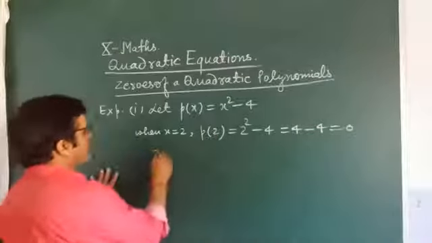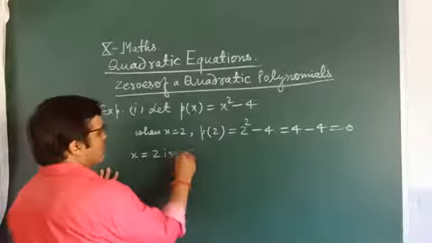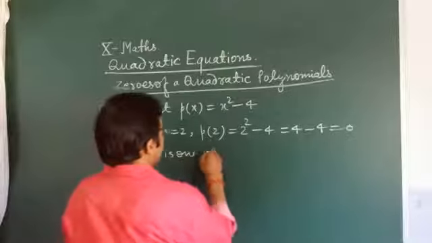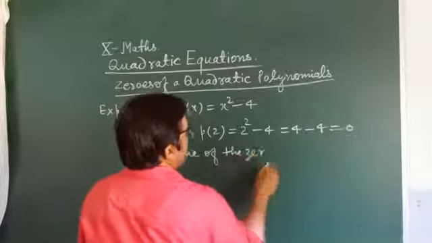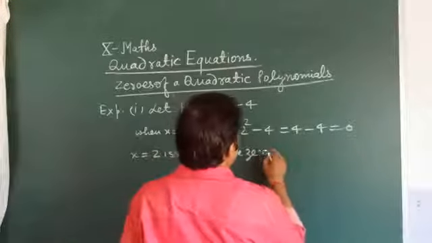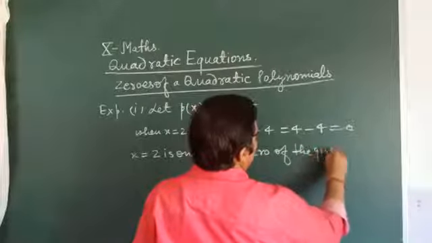Therefore x equal to 2 is one of the zeros of the quadratic polynomial.